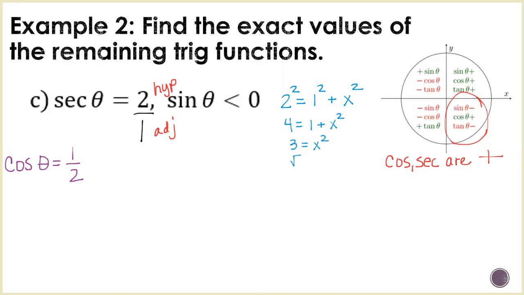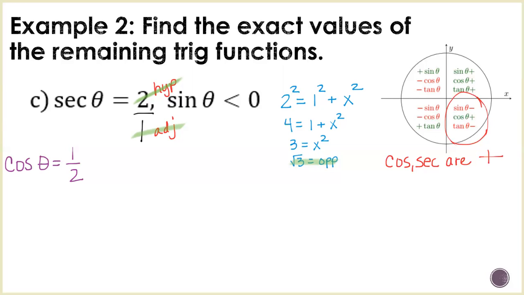So we have the square root of 3 is equal to our opposite. So I'm going to use these 3 to find my last 4. So we have secant and cosine. So let's go ahead and do sine and cosecant.